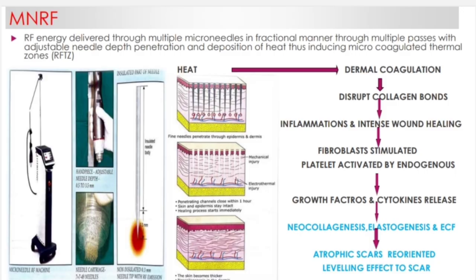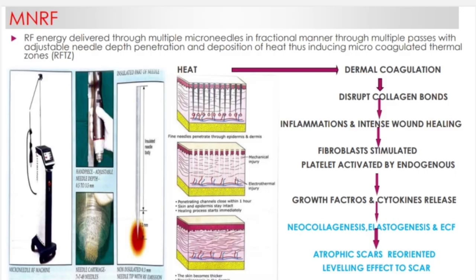The image shows the device with the handpiece, which has a disposable needle cartridge. The depth of the needle can be adjusted manually from 0.5 to 3.5 mm.